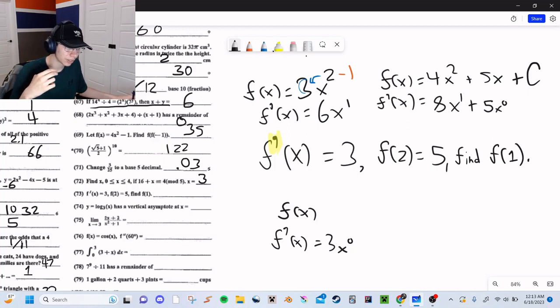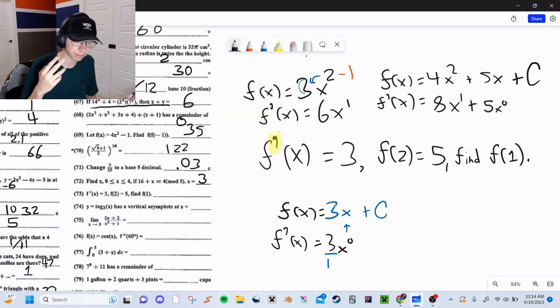I know the next power of x here is 1. I'll divide the 3 by the 1. I get 3 times x to the first, which is just going to be 3x. But plus c, right? Because I don't know what that constant term would be.